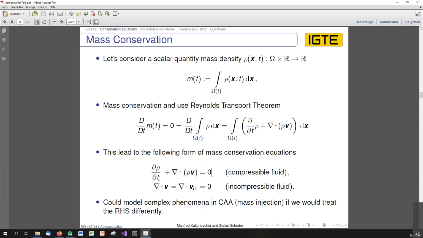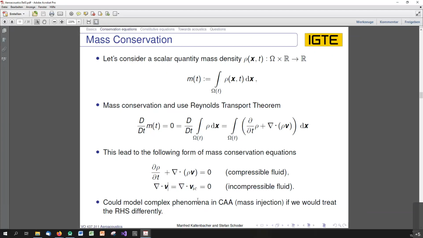So temporal fluctuations are compensated by some spatial variations. And in the special case of Mach number below 0.3, we can use for fluid dynamics an incompressible fluid, which purely states that the divergence of the velocity is 0.